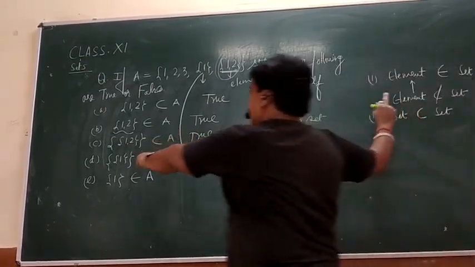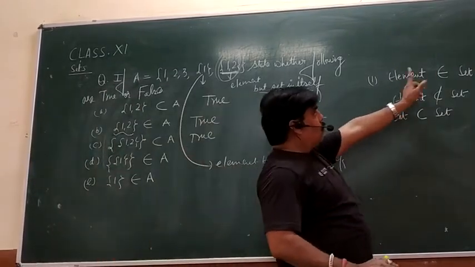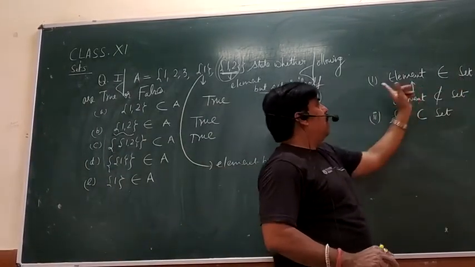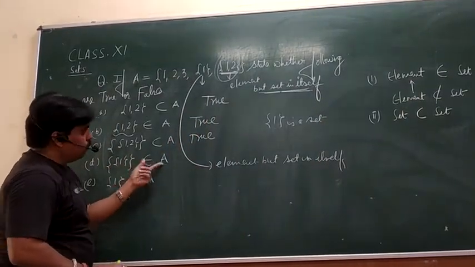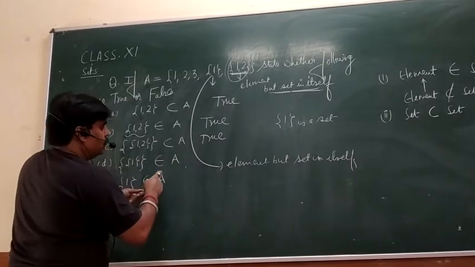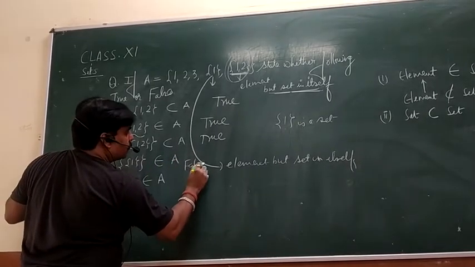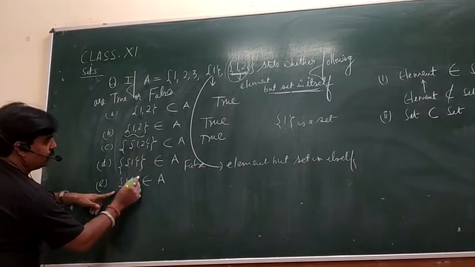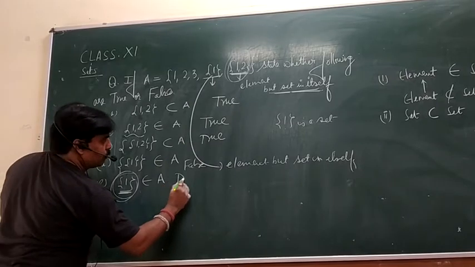Elements always belong to any set. But a set cannot belong to A. So this is false. Here, this is your element, belonging to A. So this one is true.